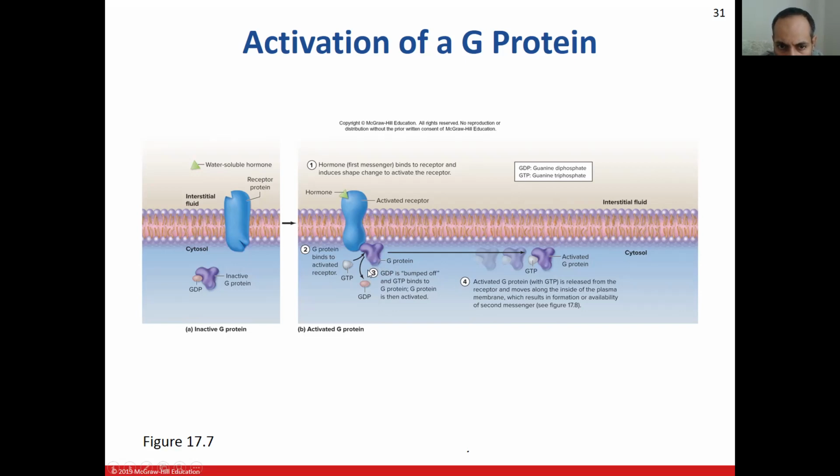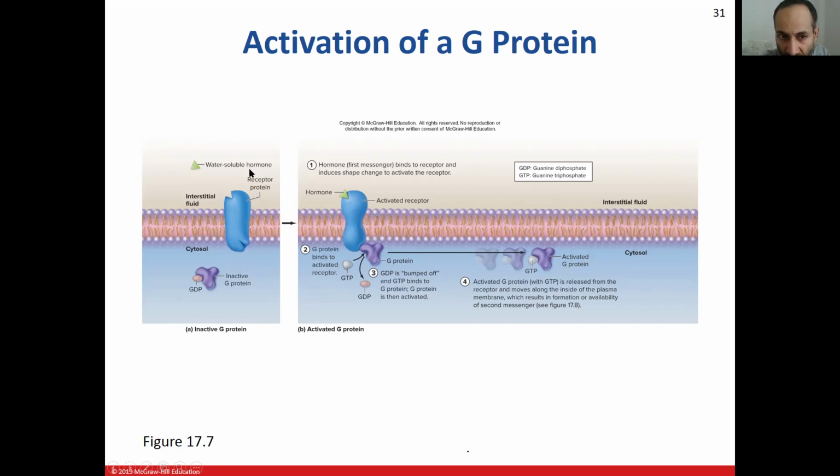And what the G protein does is it causes a second messenger called the GTP, this one here, to bind to the G protein, okay? This GTP binds to the G protein. It gets activated then, and what the activated G protein does is it then acts as a second messenger, and then it causes whatever change needs to be caused inside of the cell, all right?